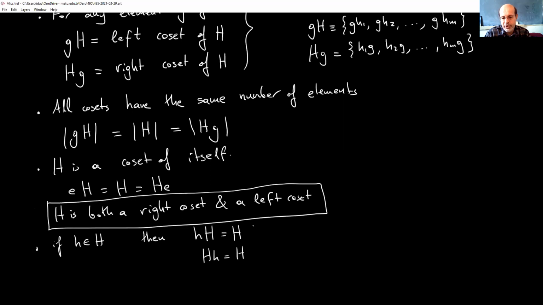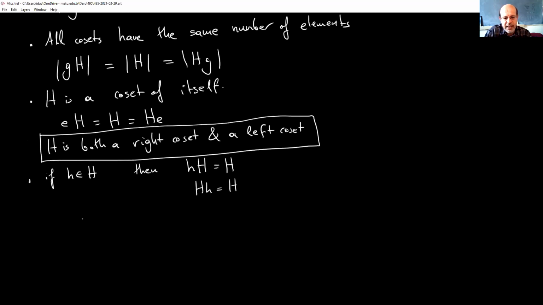All right. So again, H is a coset, a right or a left coset, but I don't have to use identity in here to obtain this coset, right? Any element of the subgroup can be used. So this is the general idea in here.